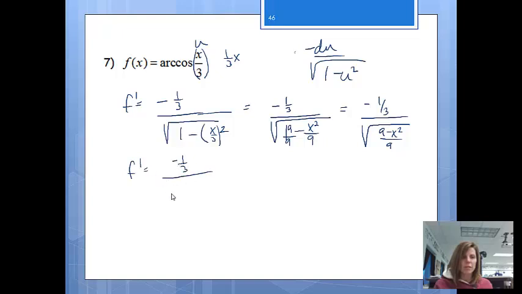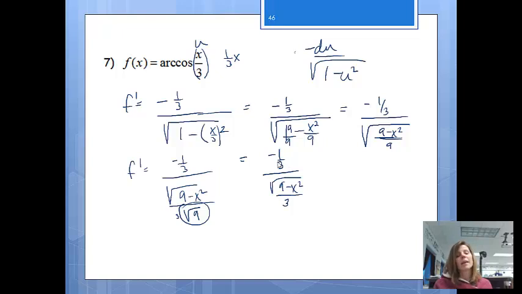So keep the negative 1/3. Since I have a fraction here and it's underneath the square root, we can actually separate it into two parts. So I'm going to have 9 minus x squared over the square root of 9. And then from here, I know that the square root of 9 is equal to 3. So this will now be negative 1/3 over square root of 9 minus x squared over 3. And now notice that I just have a fraction divided by a fraction, and so I can multiply by the reciprocal.